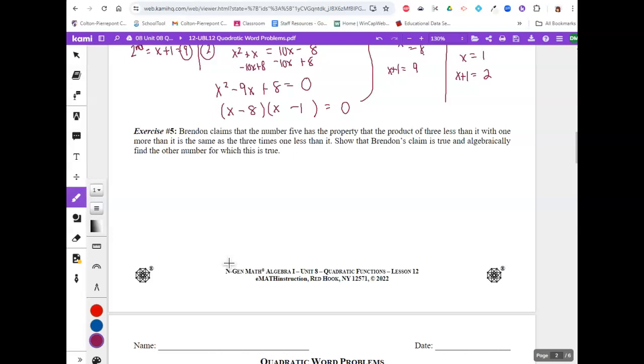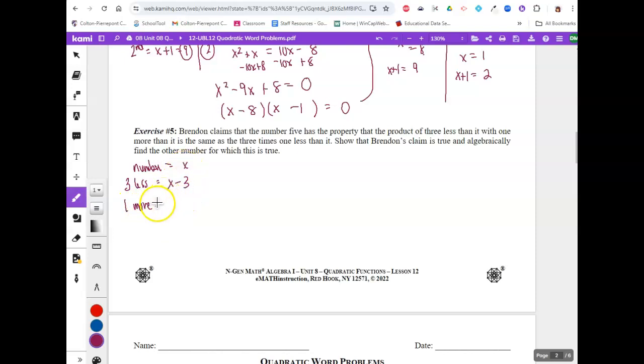All right, so for my number, I'm going to use x. Okay, and it says 3 less than the number. Well, if we have x, 3 less than that would be x minus 3. And then we also would need to know the product of 3 less than it with 1 more than it.